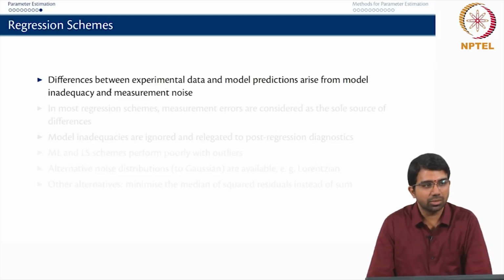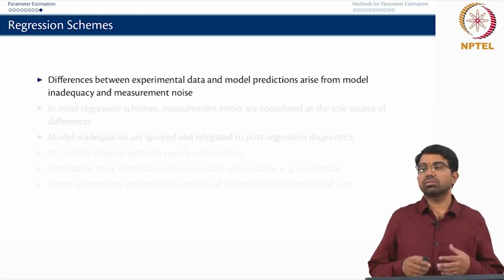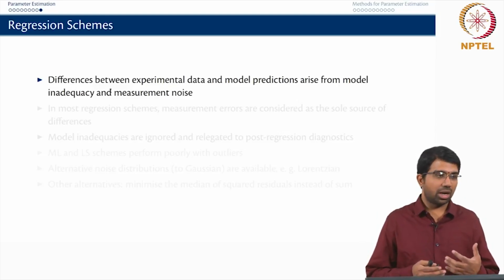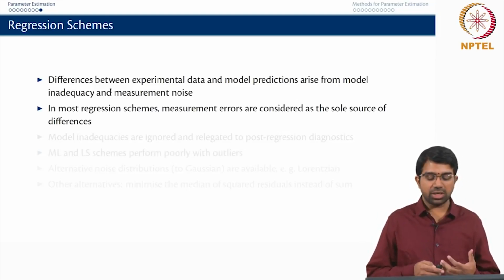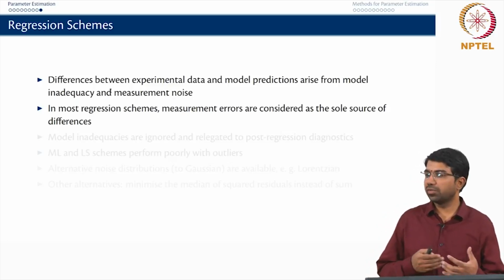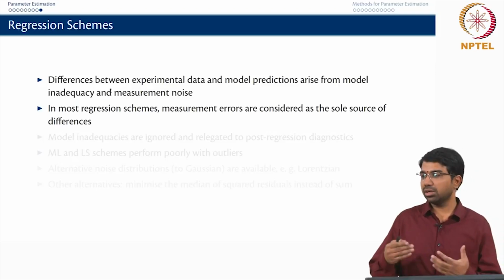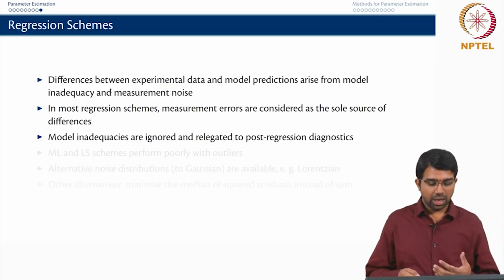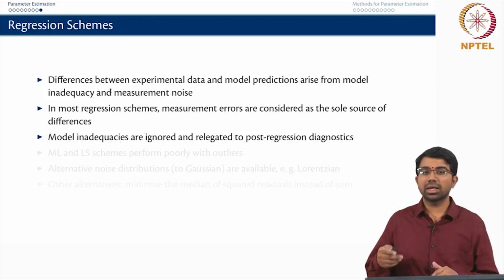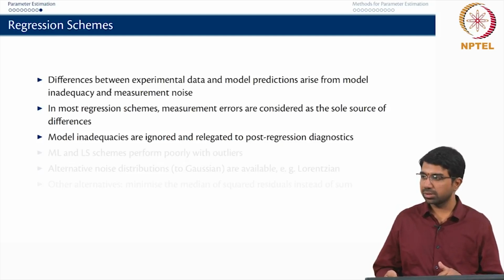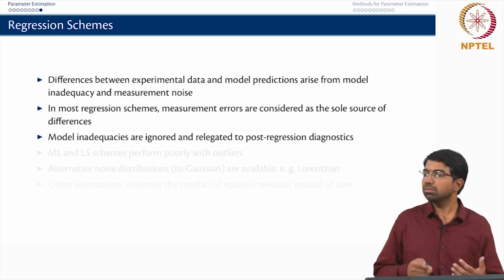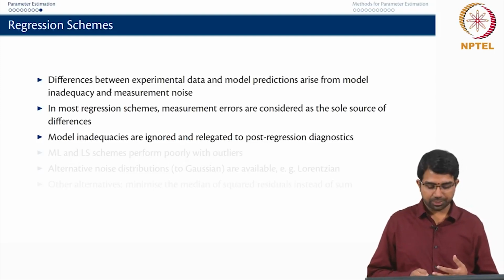We first assume that the model is good enough, and then we look at what your residuals are, how bad the fit is and so on. So in most regression schemes the measurement errors are considered as the sole source of difference between your data and your model predictions, and model inadequacies are kind of ignored and then relegated to post regression diagnostics, right. Once you perform the parameter estimation regression, you then do some diagnostics, right.